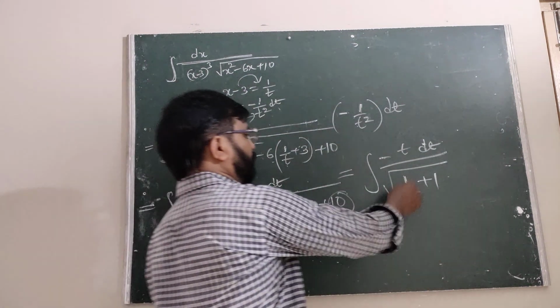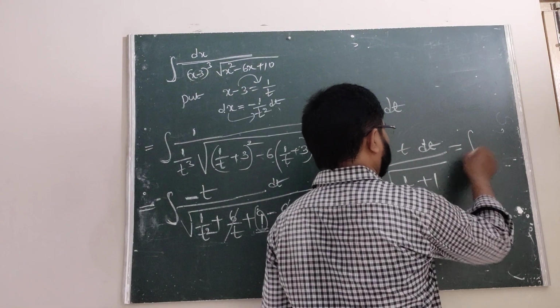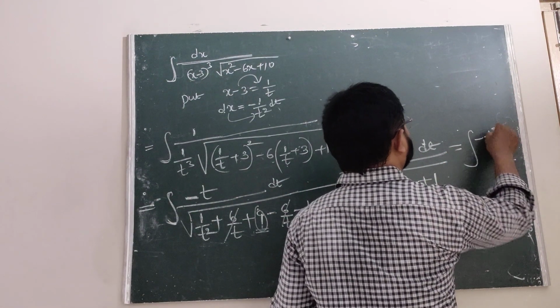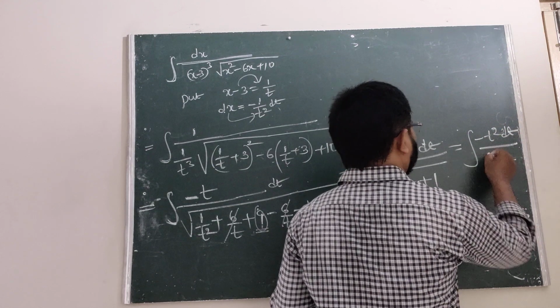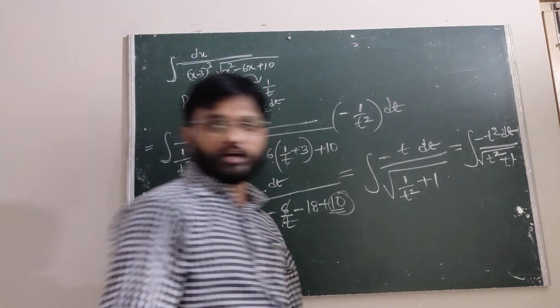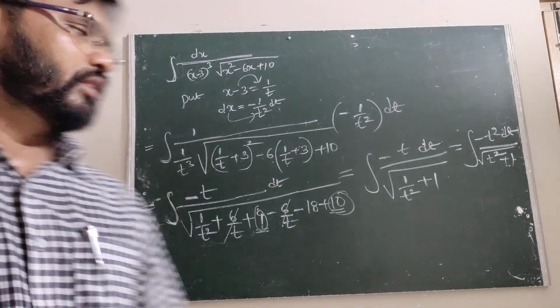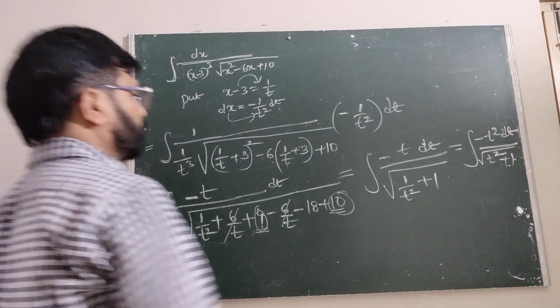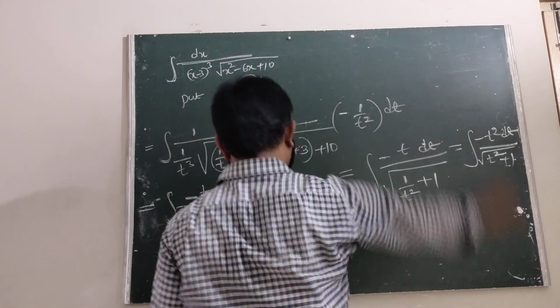Now this is sending to the numerator, then it will be minus of t square dt upon root of t square plus 1. Therefore, how to evaluate this one?